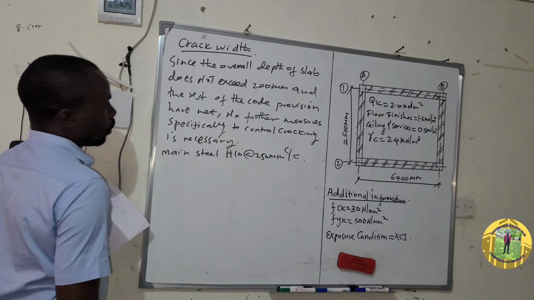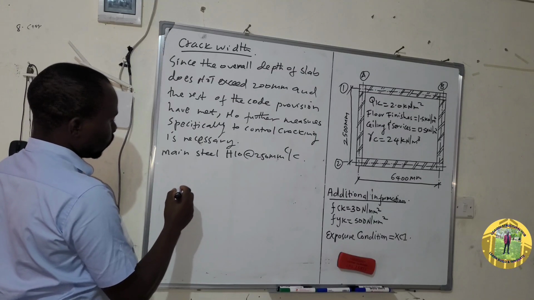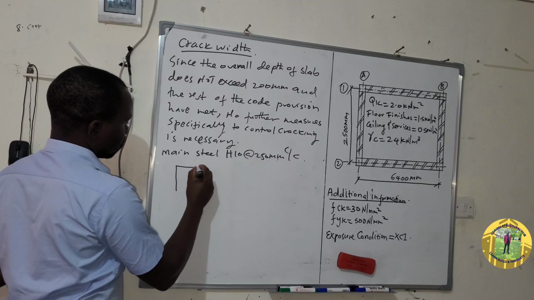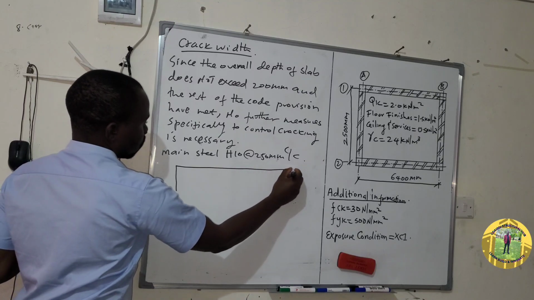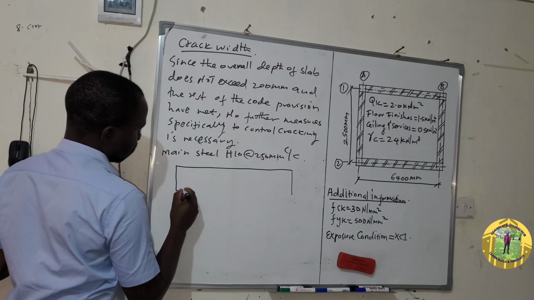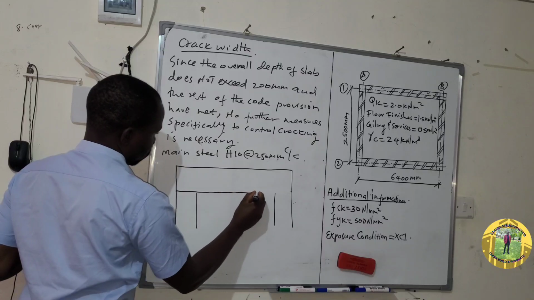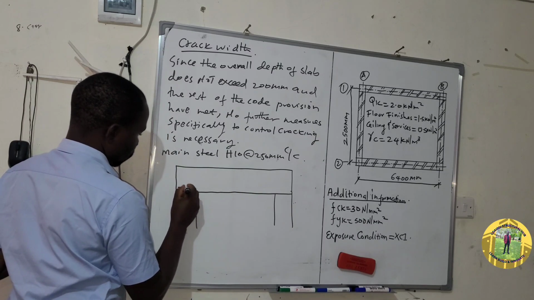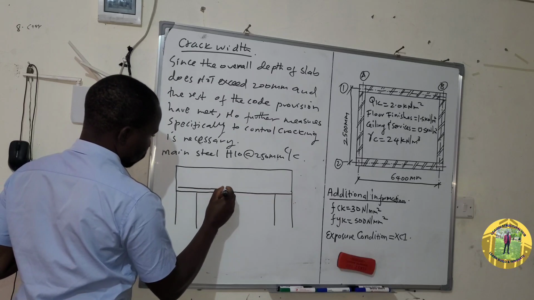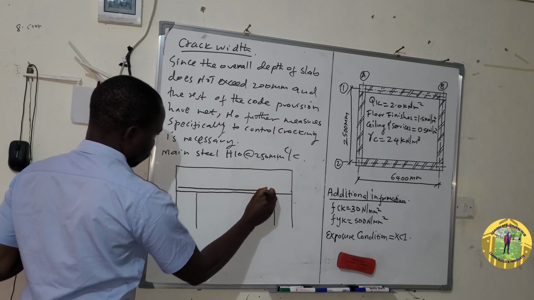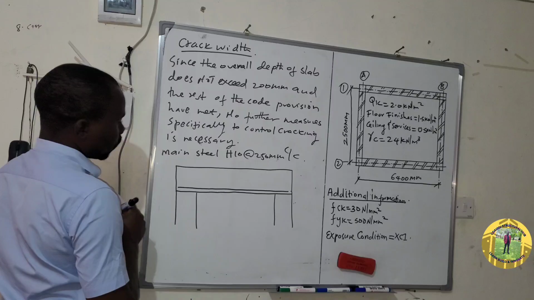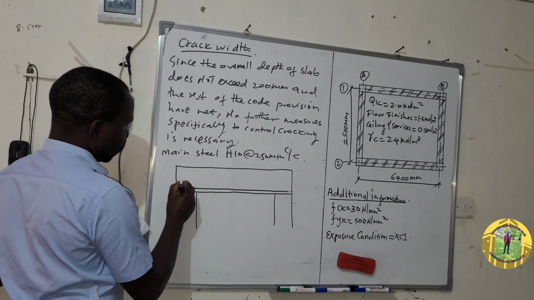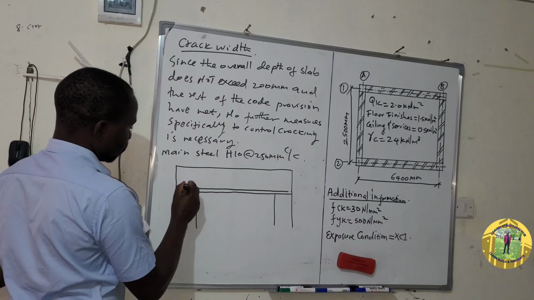So if you want to draw an elevation, this is how it will look like. So this is the main steel, and we have the distribution bars.